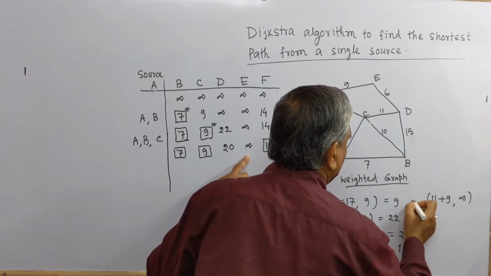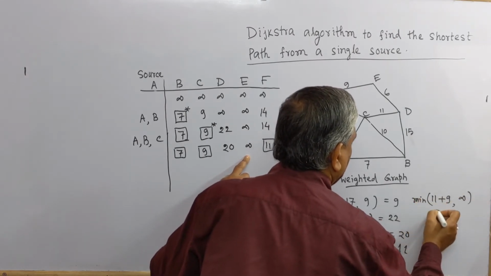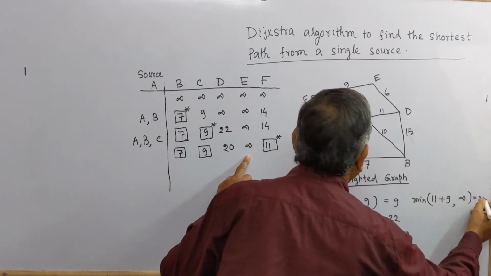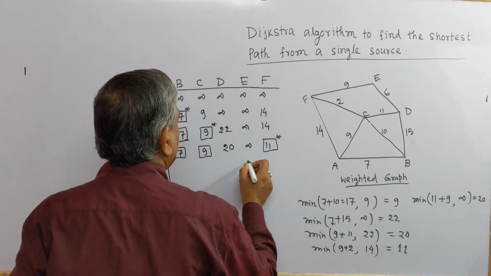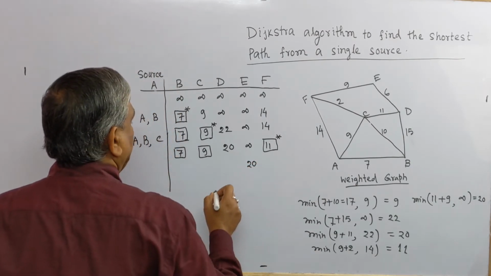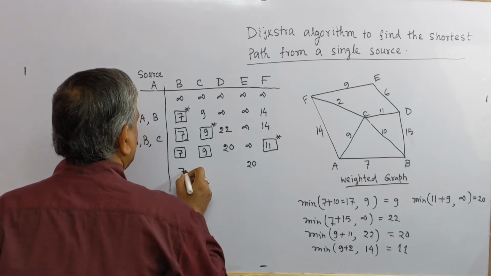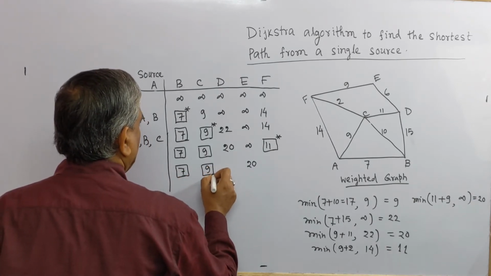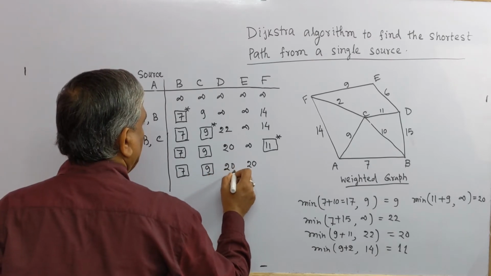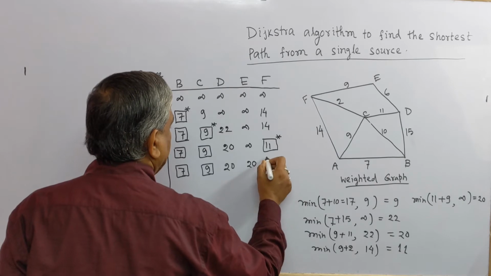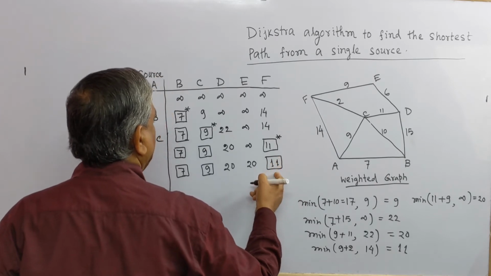We take the minimum of these. The minimum is 11 plus 9, which is 20. Here we write 20, and we write the others the same. Now it is a stable vertex, already selected.